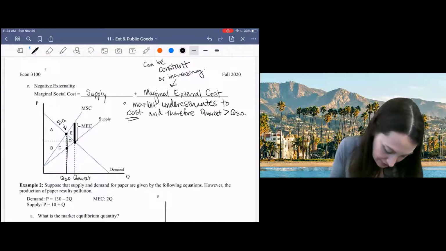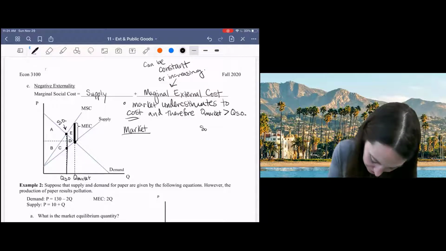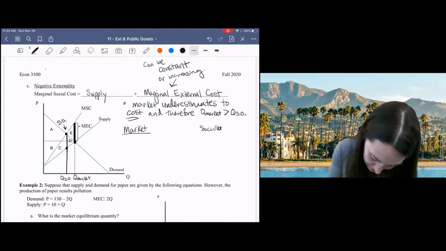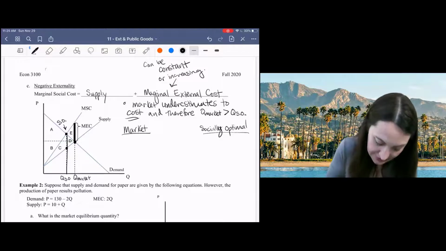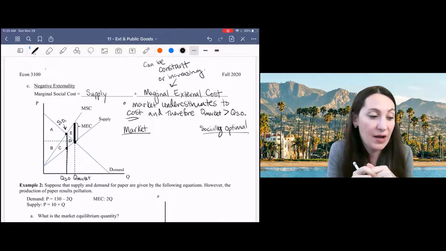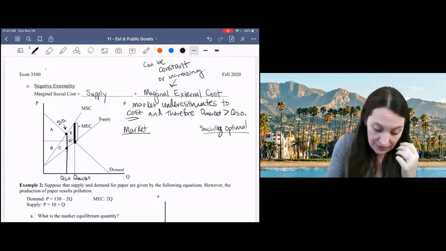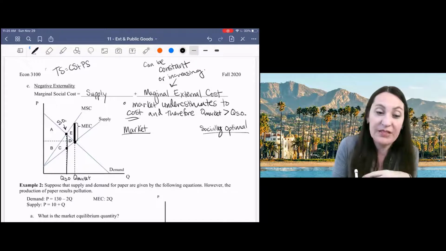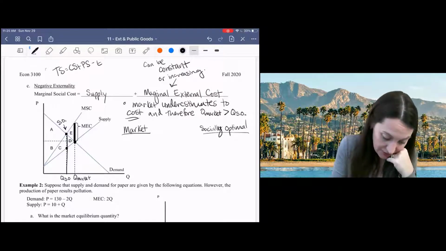And that's going to result in deadweight loss at the market equilibrium. So again, we will compare total surplus in these two outcomes. So total surplus is going to be consumer surplus plus producer surplus, but now minus the external cost.